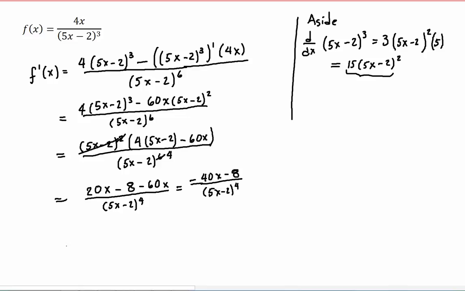So you can factor out a negative 8, so negative 8 times (5x plus 1), all over (5x minus 2) to the power of 4. And there you have your derivative.